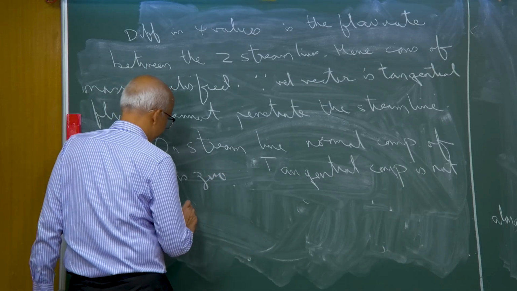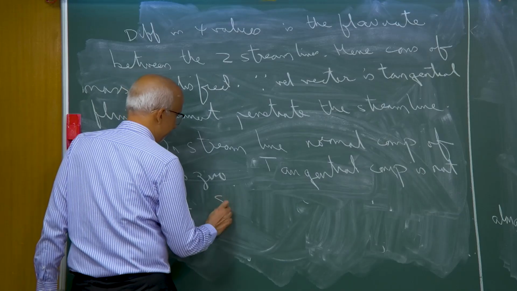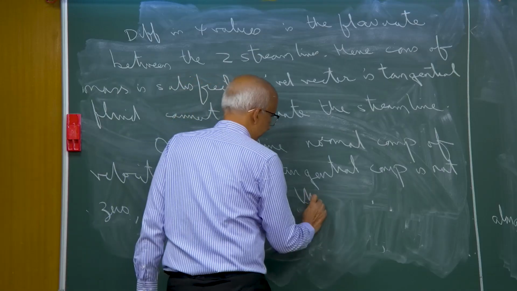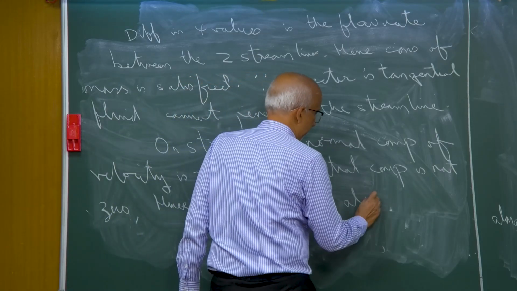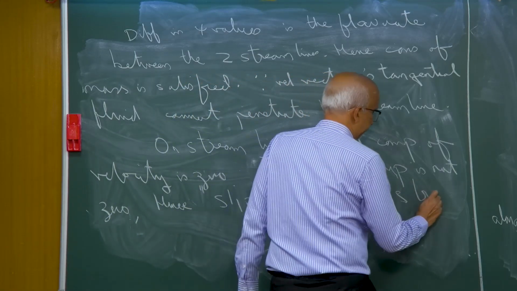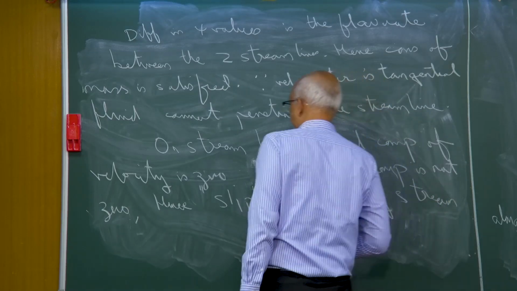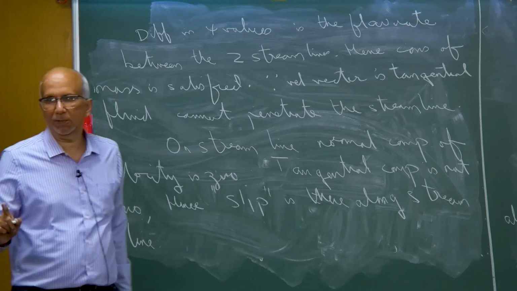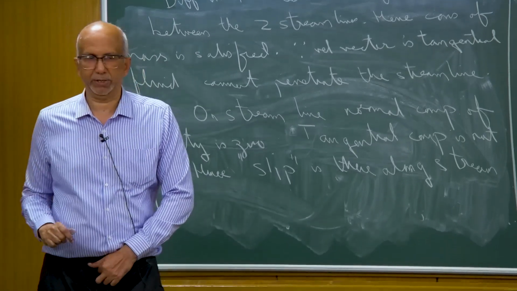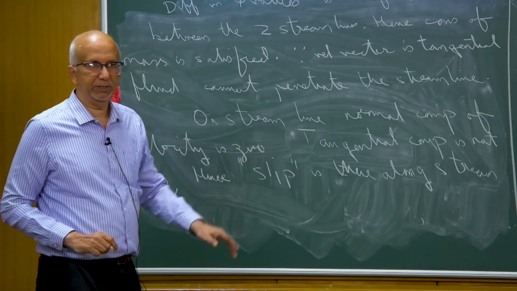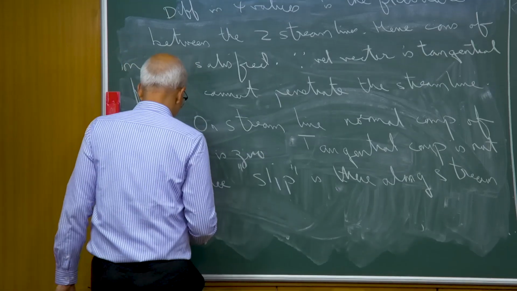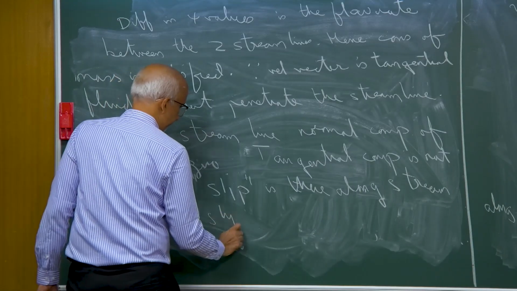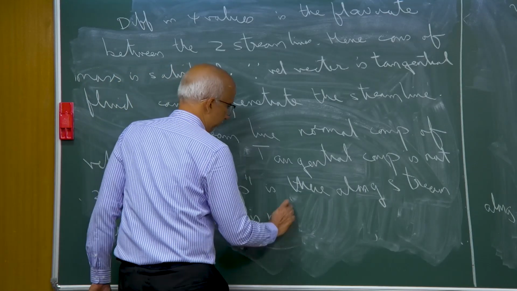So, yeah, hence you can say the slip is there along the streamline. Slip is there means the no slip condition is not satisfied, okay. No slip means velocity is 0. No slip is not satisfied.